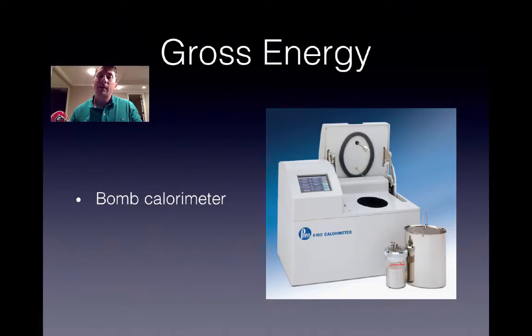You place that into a container of water, and then you put a high amount of pressure in there using oxygen. You then ignite it with electricity, and the heat given off is going to give you the determination of the caloric value of the feed, and that caloric value is termed the gross energy. So a bomb calorimeter is often used to determine the energy value of feed and feed ingredients.